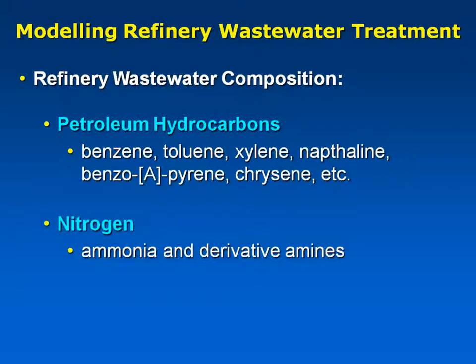There's also a number of nitrogen species, ammonia, of course, and a large number of derivative amines. And again, each of these has a wide variety of biodegradabilities under different circumstances, and some of these are available to be volatilized and some are not. So therefore, you're looking at a tool here that can help you decide the best way to treat them.